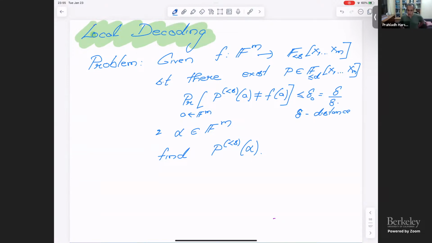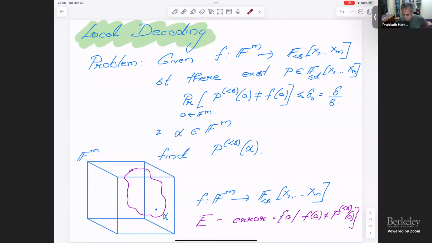And you're then given a point alpha in the whole space, and what you want to find is the value of the closest codeword at the location alpha. Pictorially, you're given this table of values for every point in this space, a polynomial at each point.